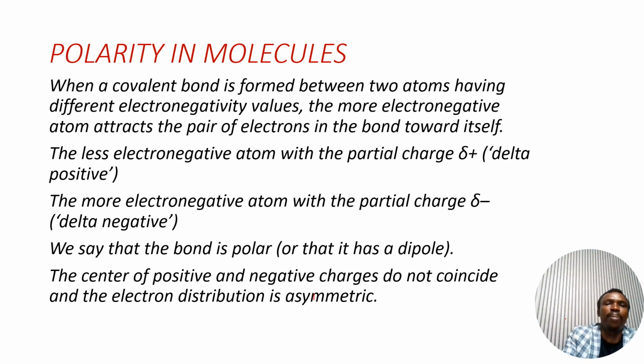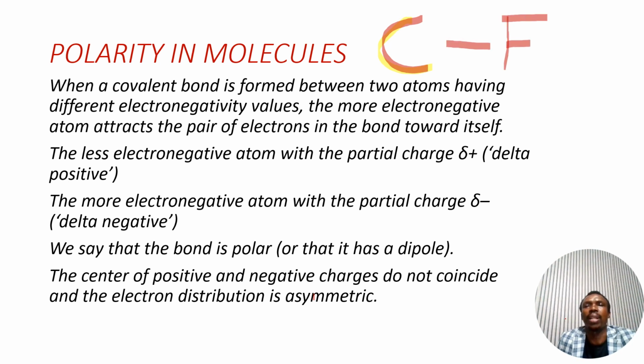So let's take an example. We have carbon single bond fluorine. The single bond is an indication that each of the atoms contributes one electron for the bond formation. Now, if we look at the electronegativity table, you discover that fluorine is more electronegative than carbon.